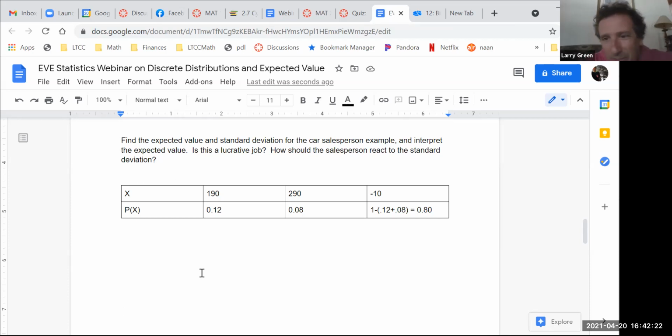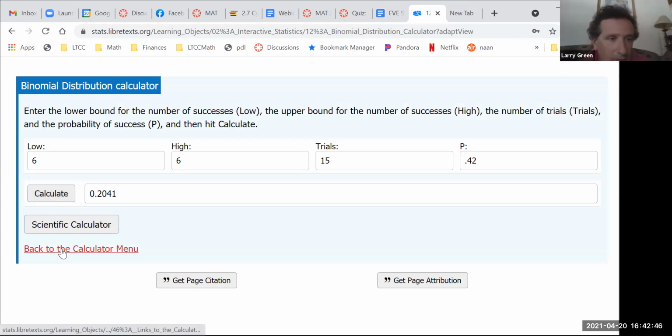I don't see you all jumping in. Okay, what you're gonna do is you're gonna go to the calculator. I'm gonna write these down so I don't lose them: 190, 290, negative 10, 0.12, 0.08, and 0.8. So let's go to the calculator.